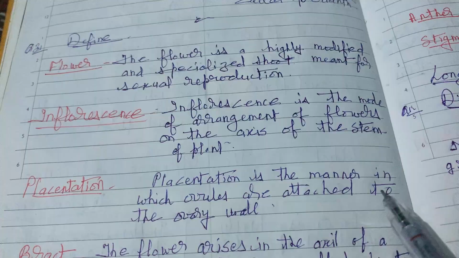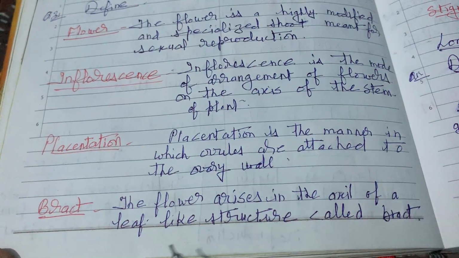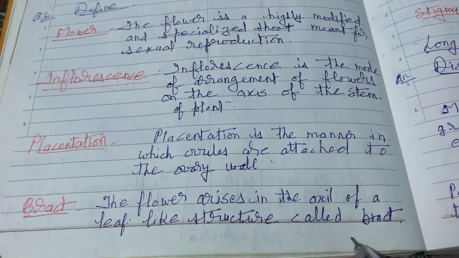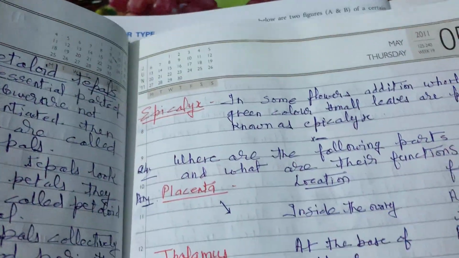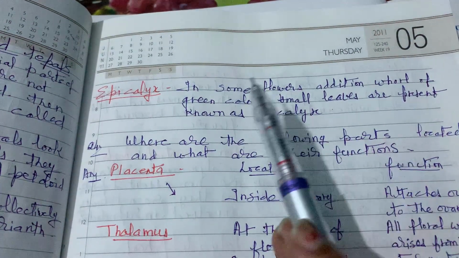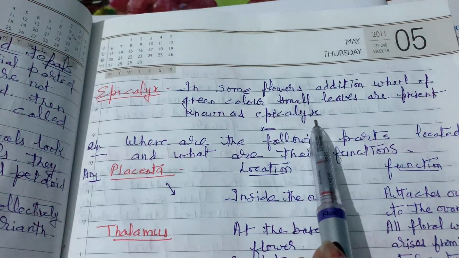Placentation is the manner in which ovules are attached to the ovary wall. Bract, the flower arises in the axil of a leaf-like structure called bract, right? Apicalyx, in some flowers, an additional whorl of small green leaves is present, known as apicalyx, जैसा कि China rose में है.